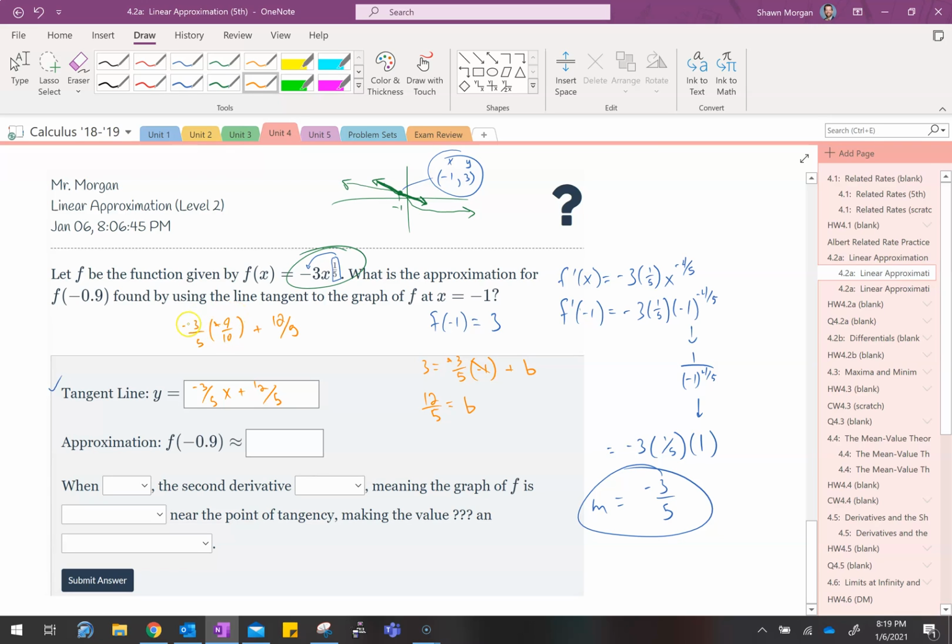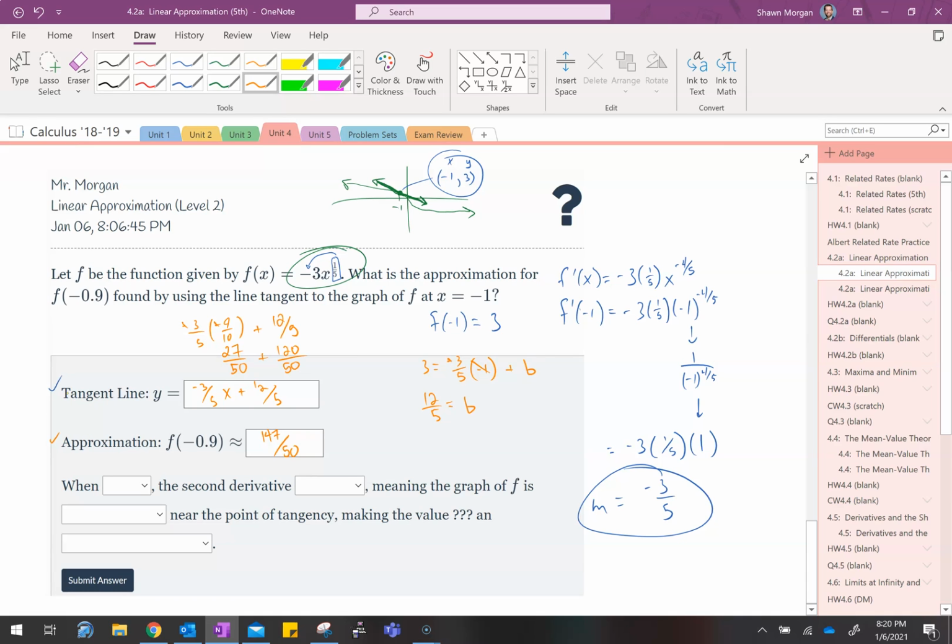The negatives cancel out. Looks like that's going to be 27/50, and that's going to be 120/50, getting a common denominator. So that's going to be 147/50. Again, doing that approximation, we're just plugging and chugging.